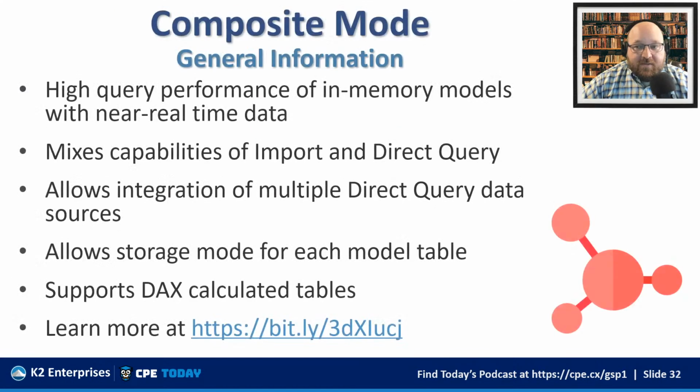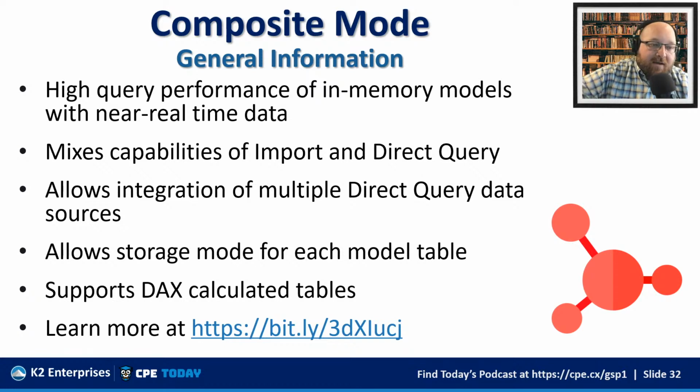Now, recently, they have added the composite mode. With the composite mode, it kind of balances between them. It mixes some of the capabilities of import and direct query, so it kind of gives you the best of both worlds. It will determine whichever method is more effective at the time and use it to go and grab that data for you. It also brings back some features that you don't get if you're just using one method or the other.